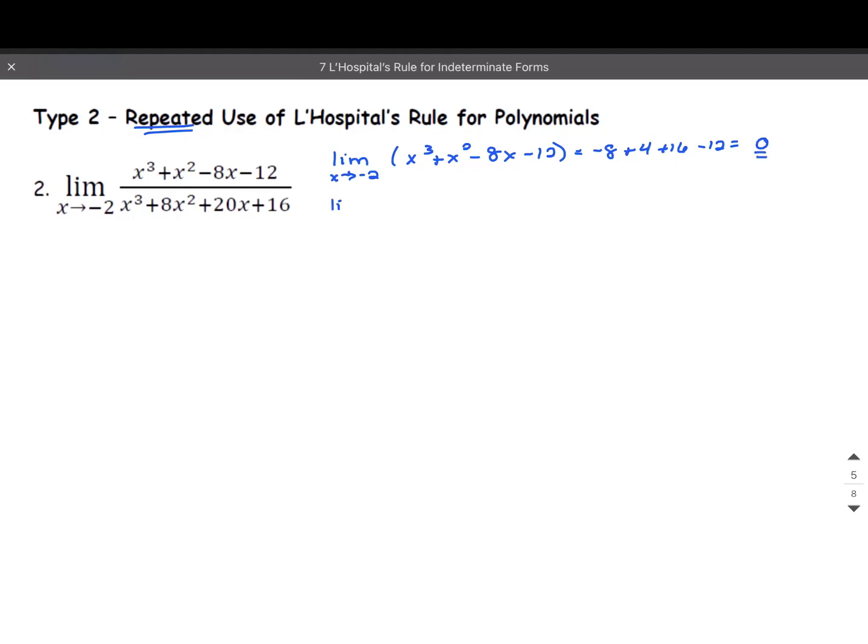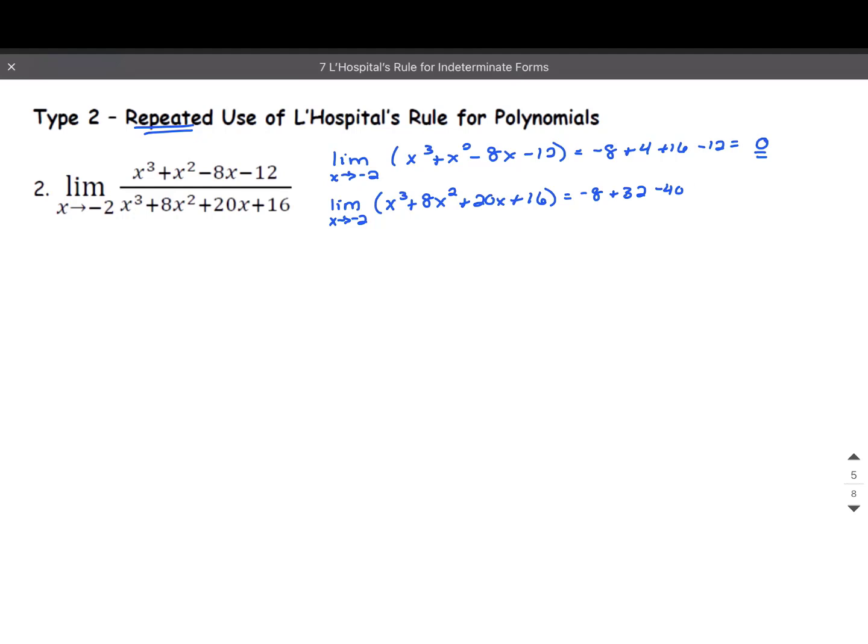All right. Now the limit as x approaches negative 2 of the bottom piece of the function, which is x cubed plus 8x squared plus 20x plus 16. Now negative 2 cubed again is negative 8. Negative 2 squared is 4 times 8 is 32. 20 times negative 2 is negative 40.